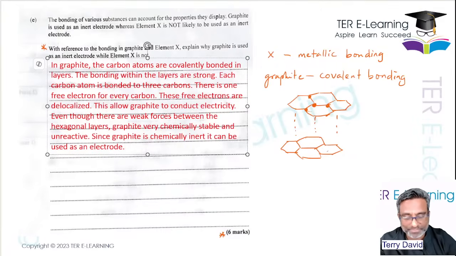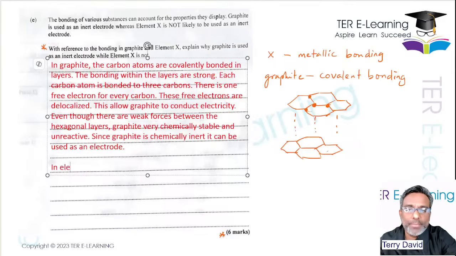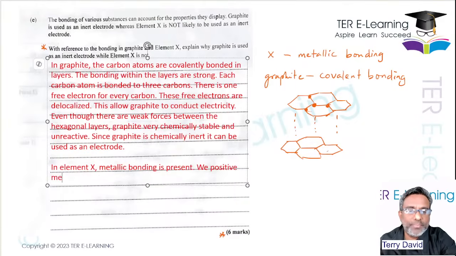Now, in element X, metallic bonding is present. In this case we have positive metal ions held together by a sea of negative electrons.